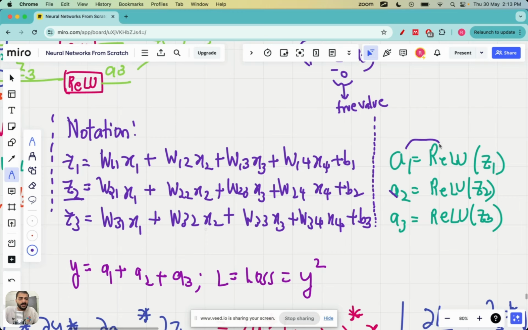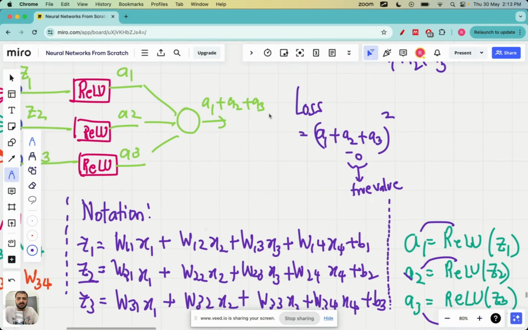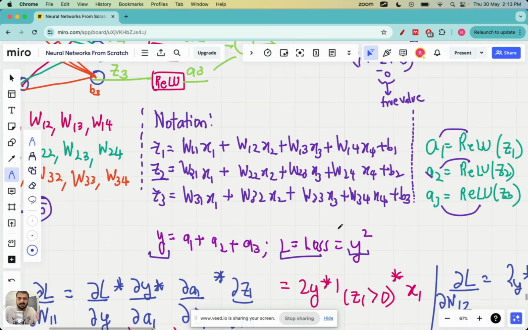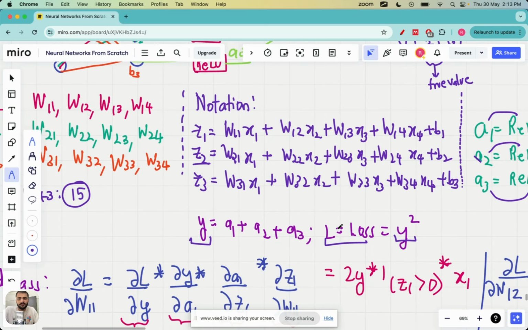So A1 is ReLU of Z1, A2 is ReLU of Z2 and A3 is ReLU of Z3. The output of this final neuron, A1 plus A2 plus A3, I'm going to call Y. And so the loss, which is my final loss, is just equal to Y square, which is A1 plus A2 plus A3 whole square. So this is the notation which we are going to follow in today's lecture.